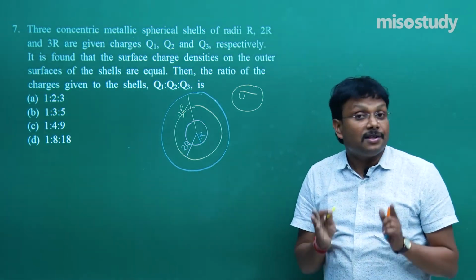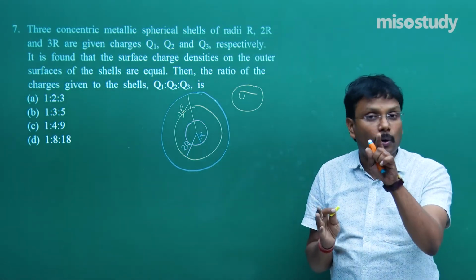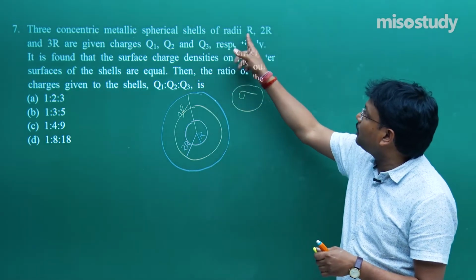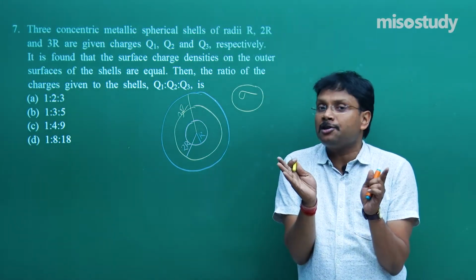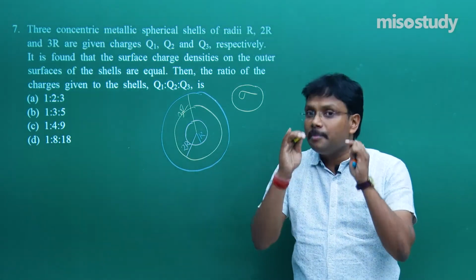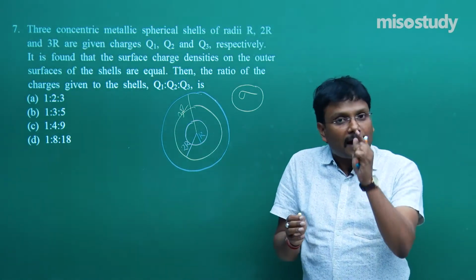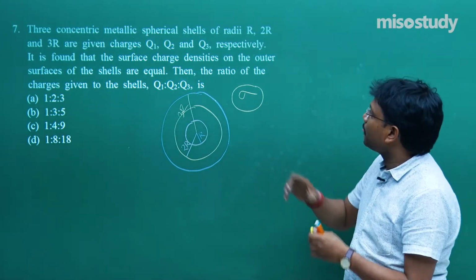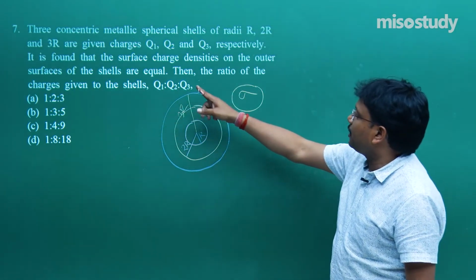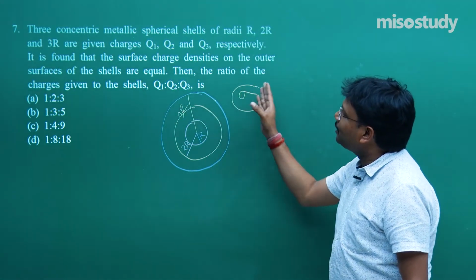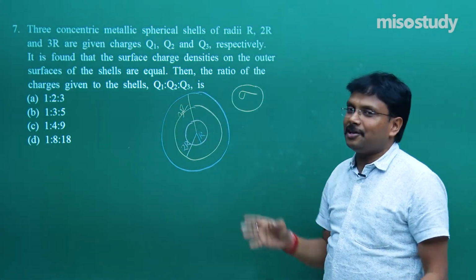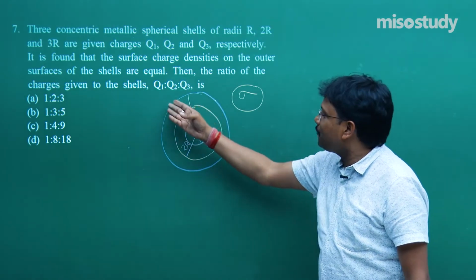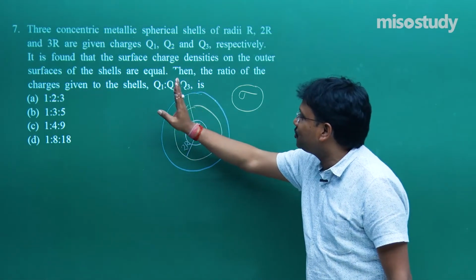My dear students, if surface charge density is equal but charges are different, something is happening which is ensuring that surface charge density should remain constant, fine. And what exactly that is, we will try to find out. On the outer surface of the cells are equal, then find the ratio of the charges.